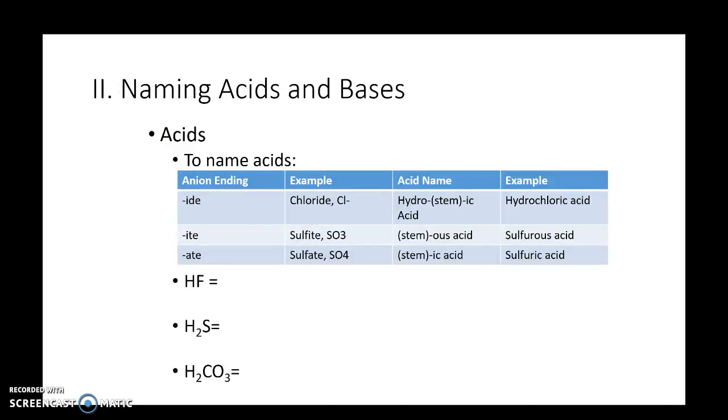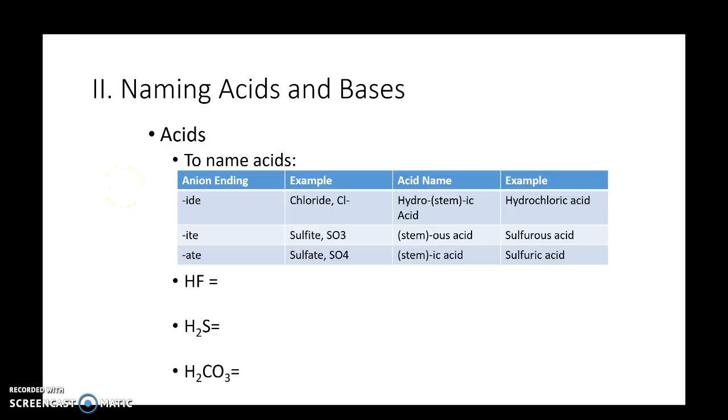When it comes to naming acids and bases, naming the acids is the most complicated part, and it all goes back to if the anion is a polyatomic ion or if it's just an anion.